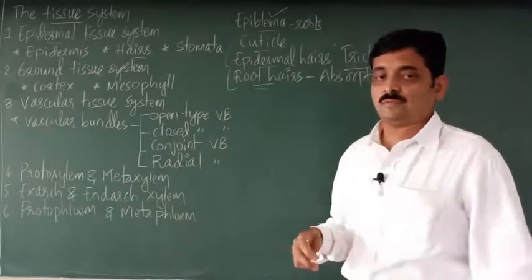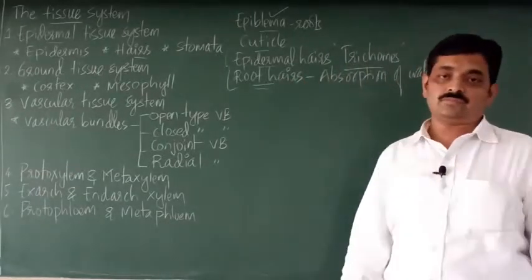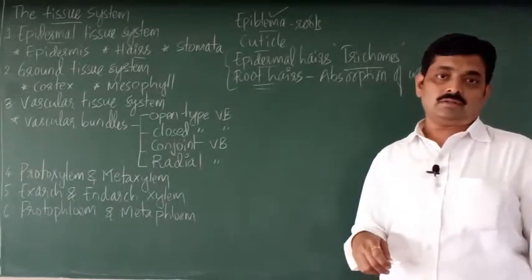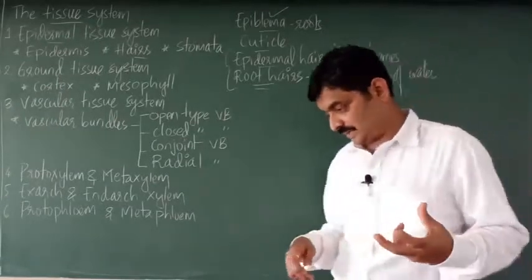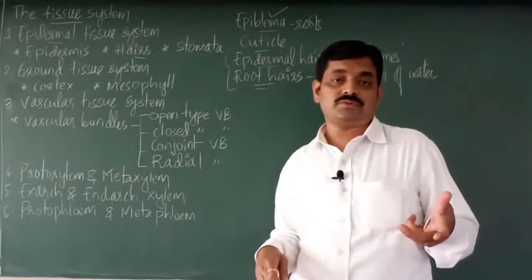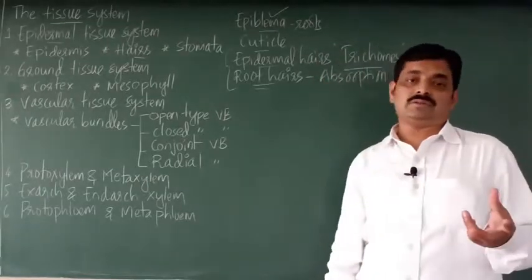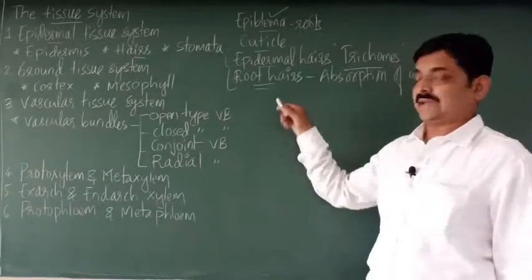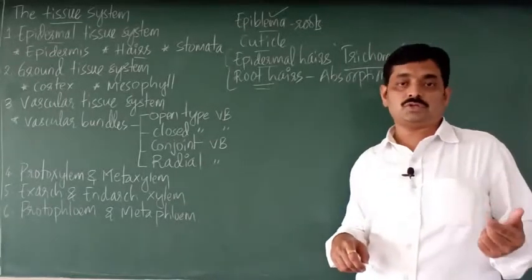Absorption of water from soil is the main function of root hairs. The epidermal hairs may act against insects or other pathogens. So epidermal hairs protect the plant from parasites, harmful insects, etc. Whereas root hairs are involved in absorption of water from the soil.